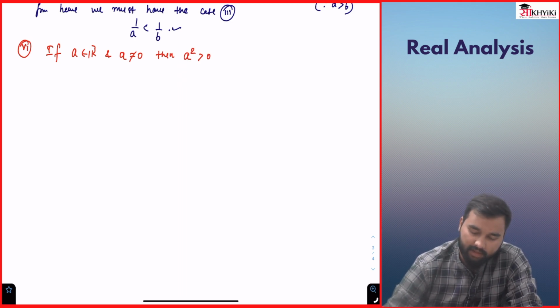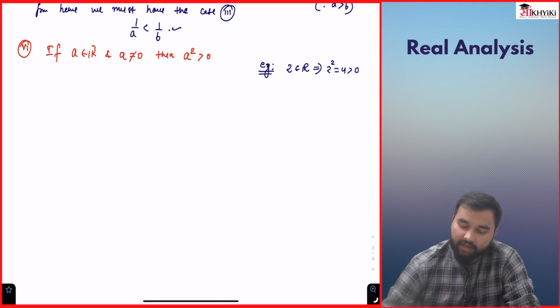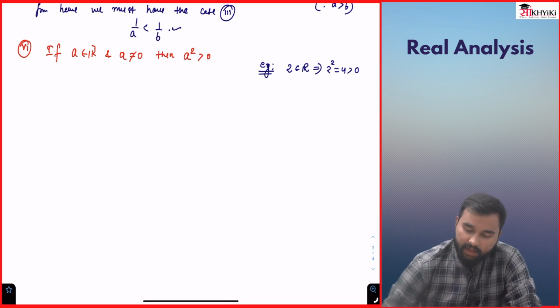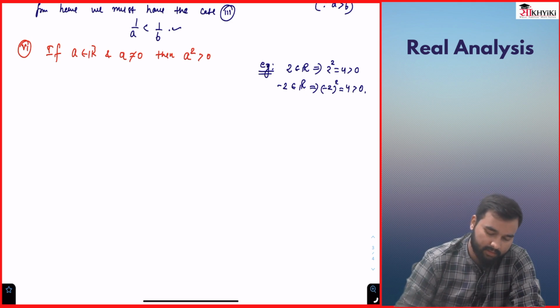Yes, for example, 2 is a real number and the square of 2 is 4, which is a positive real number. And negative 2 is also a real number and its square is again 4, which is a positive real number.